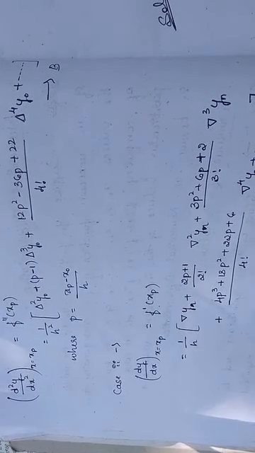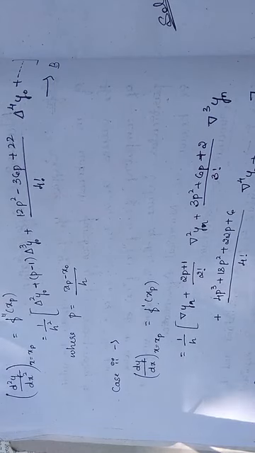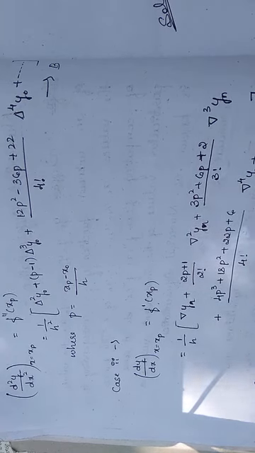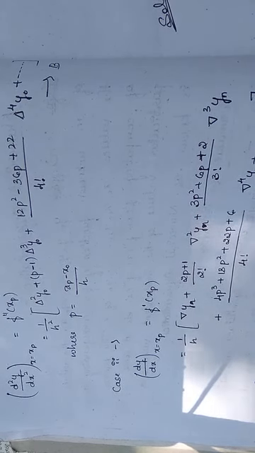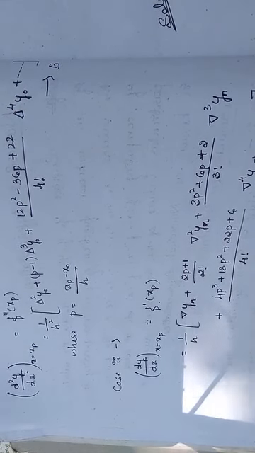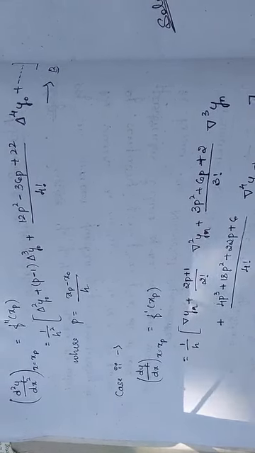Let it be equation B, where p equals xp minus x0 divided by h. So this is the formula to find the derivative using Newton's forward difference interpolation formula.